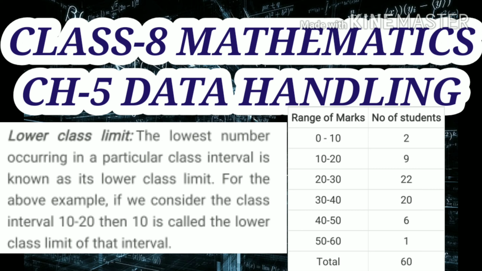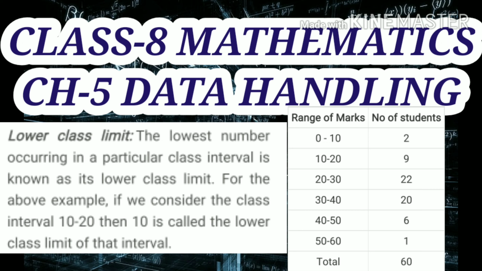Now children, let me discuss lower class limit. Children, the lowest number occurring in a particular class interval is known as its lower class limit. For example, in this given table, if we consider the class interval 10 to 20, then 10 is called the lower class limit of that particular class interval.